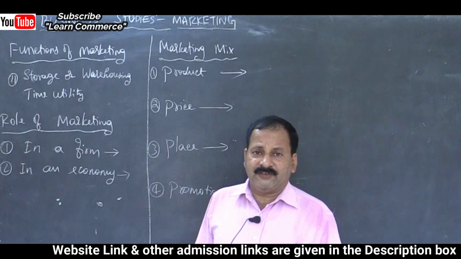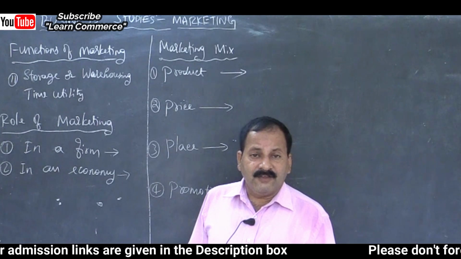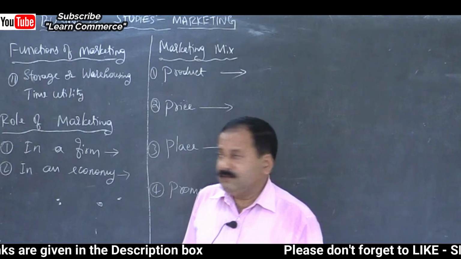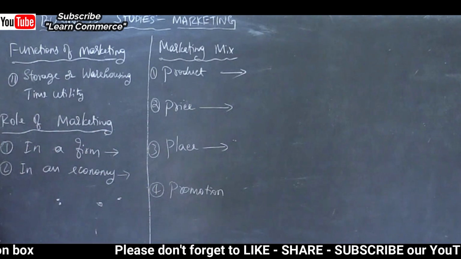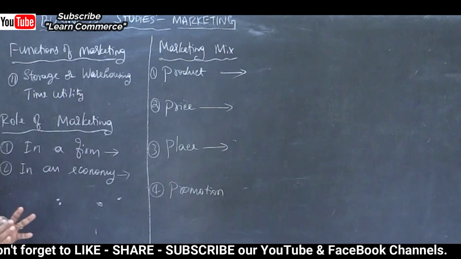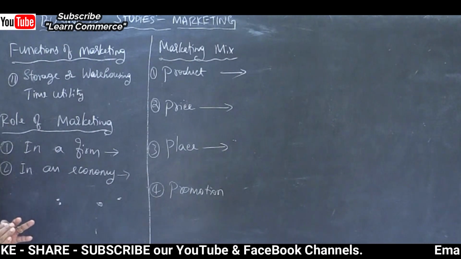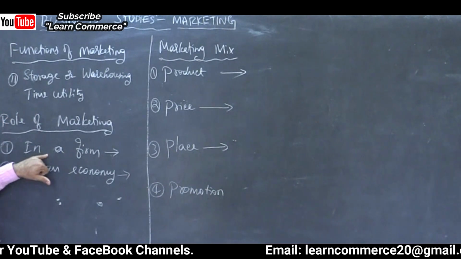Jindal Steel is a firm, Tata Steel is a firm, Vizag Steel is a firm. When you say collectively, then it is the steel industry, isn't it? Iron and steel industry. So that is the difference between a firm and an industry.